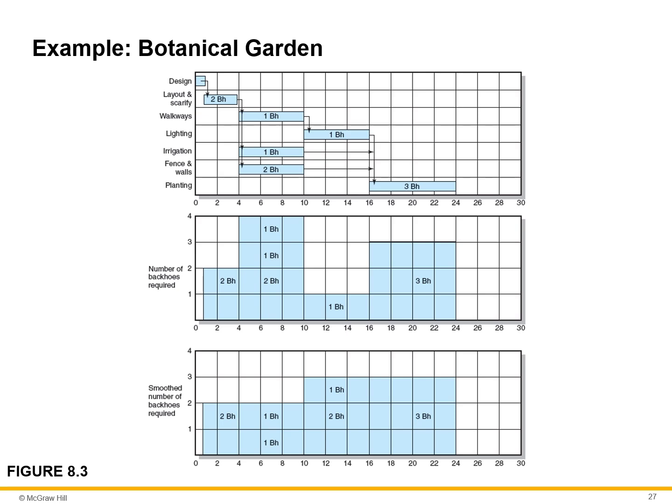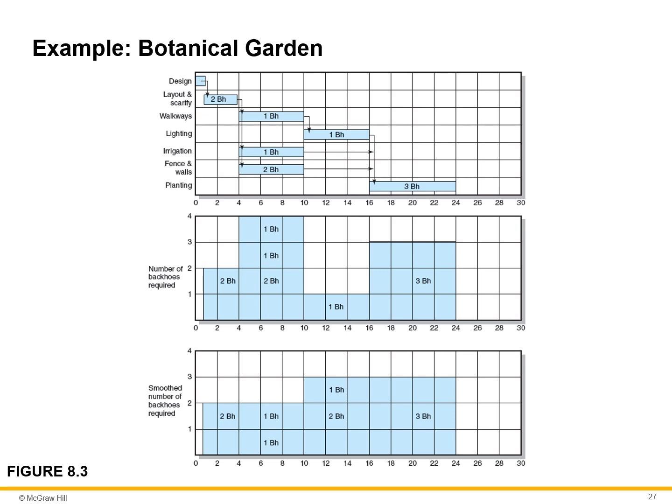The dependencies are shown with the vertical connecting arrows. The horizontal arrows following activities represent activity slack. For example, irrigation requires 6 days to complete and has 6 days slack. The number of backhoes needed for each task is shown in the shaded activities.